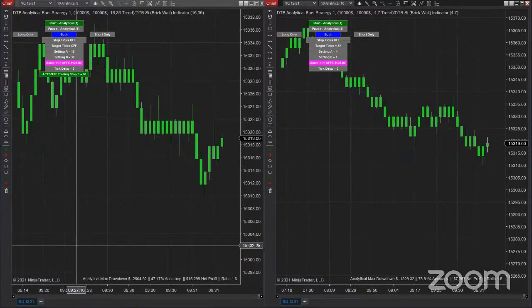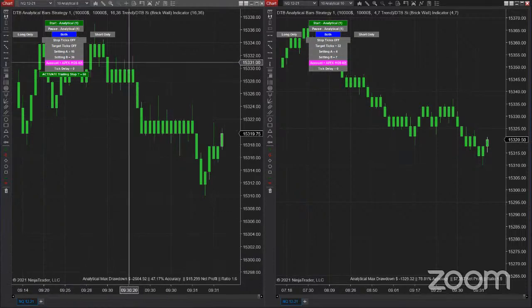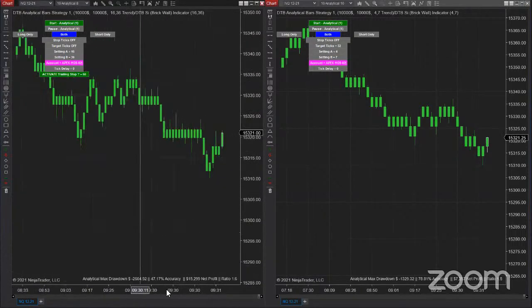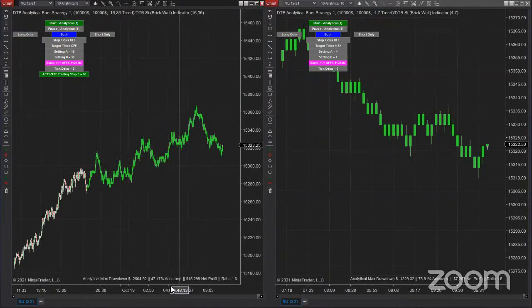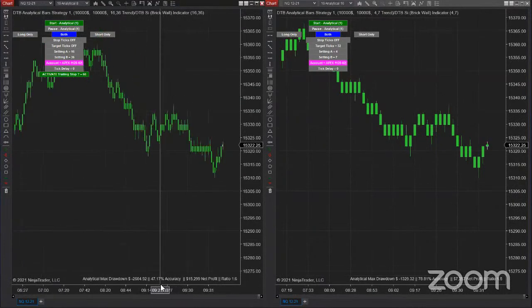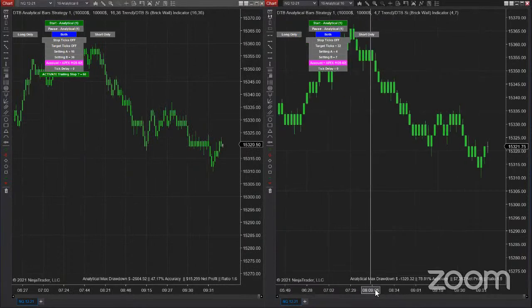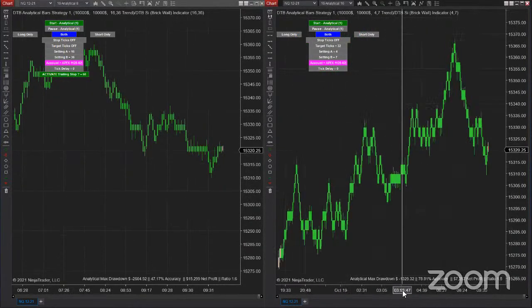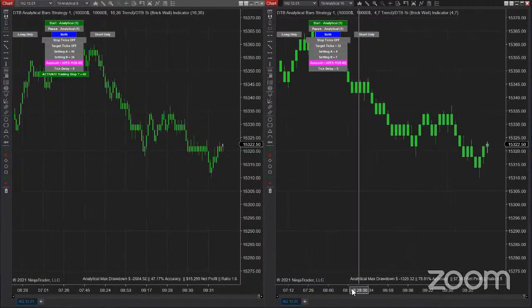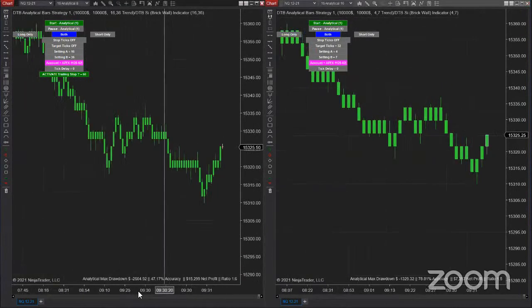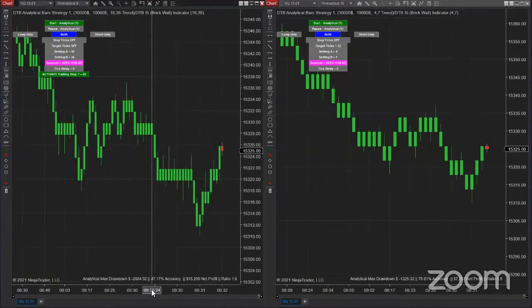Normally at 9:30 we actually had a lot of signals happen at the open. But with these settings that we've got here, it looks like the previous signal was a long, so it hasn't generated an opposing signal since, but that could change at any minute.